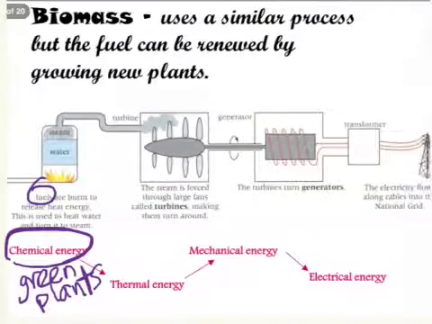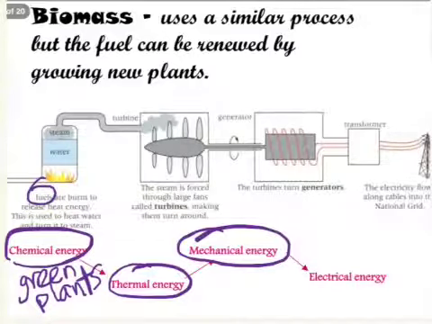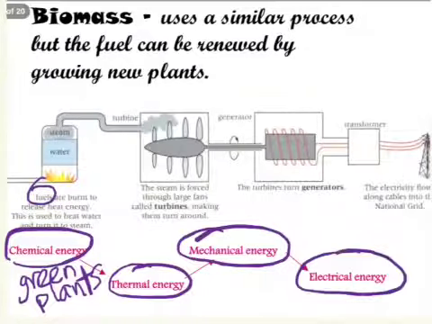From there, we burn them, we create the steam, convert that to thermal energy, and the steam is going to be used to spin a turbine and eventually spin a generator. So that's converting that to mechanical energy, and eventually, through a transformer, that electricity will be sent out to homes, converting that to electrical energy.